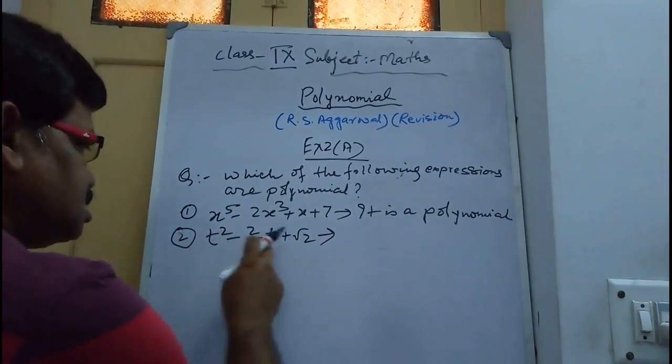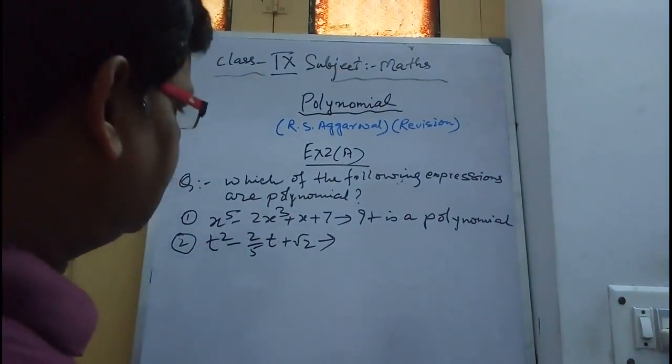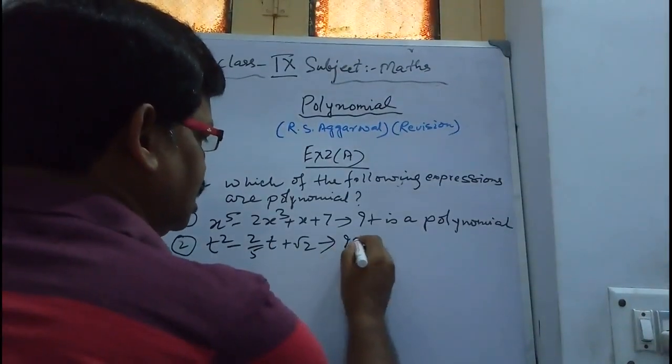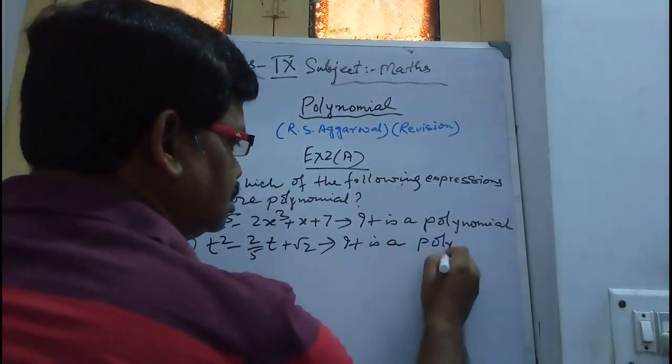Here the variable is t, so it contains non-negative integral powers, therefore it is a polynomial.